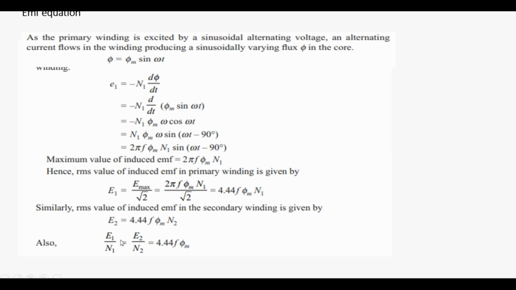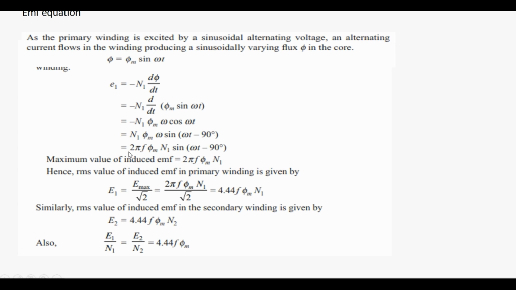And this is the relation. The first thing we consider is that the flux is a sinusoidal flux. If you're providing a sinusoidal flux, then the EMF due to that sinusoidal flux will be N d phi by dt. That means we can put a minus sign, that is from Faraday's law of electromagnetic induction.